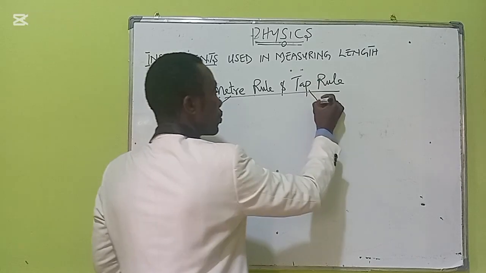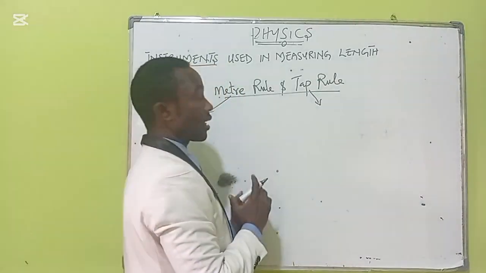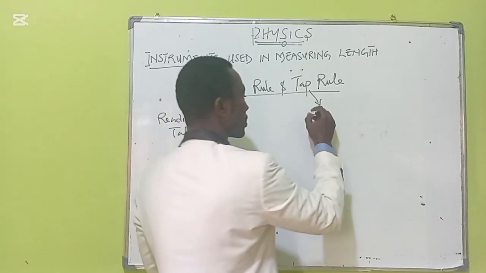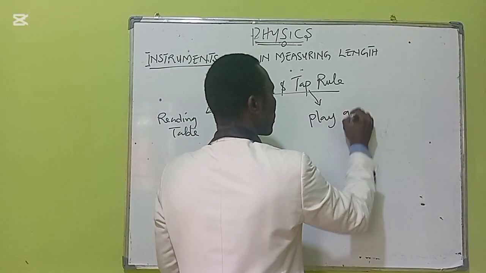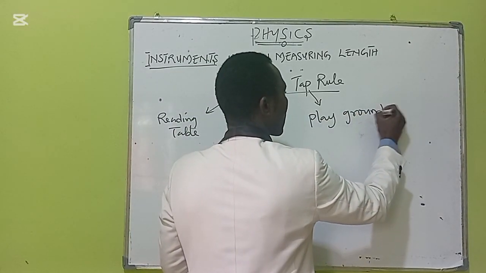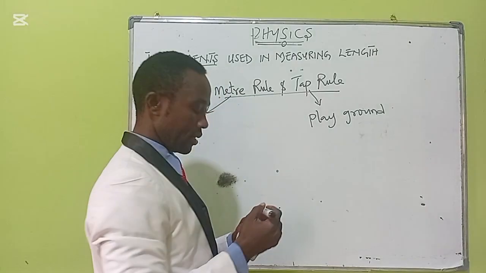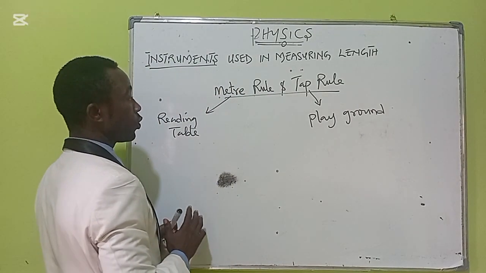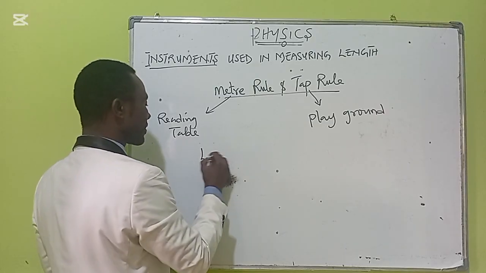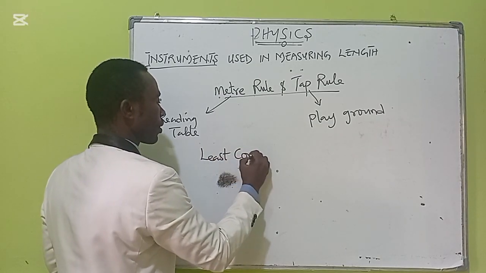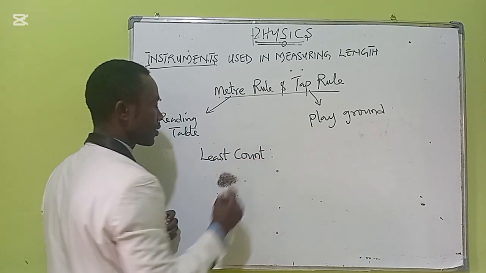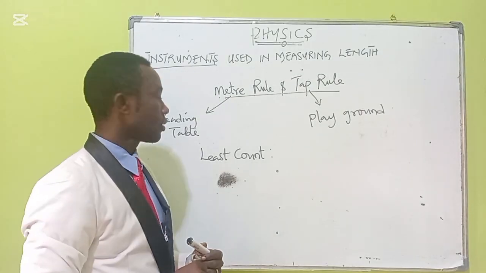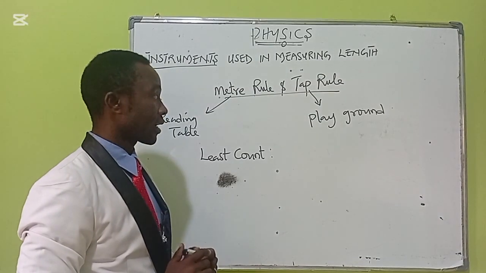Then the tape rule can measure longer distances than the meter rule, such as the length of a playground. What else do we need to know about them? Their least count. The least count is the smallest division on the instrument.